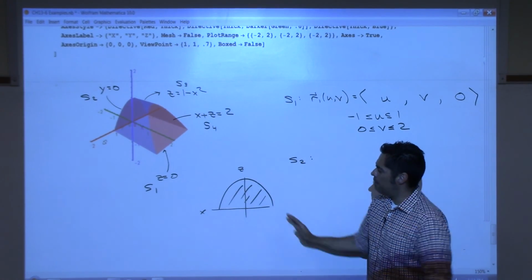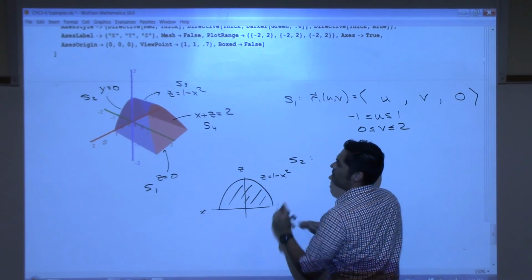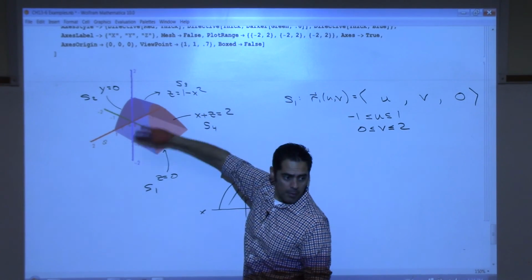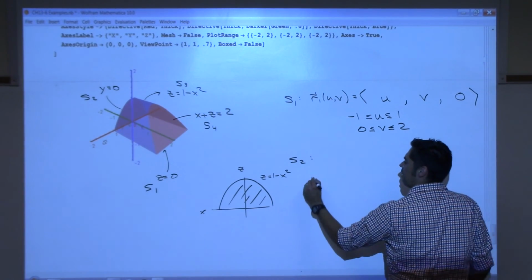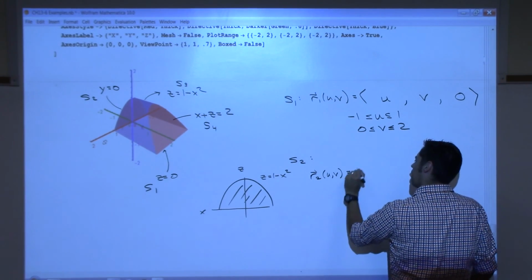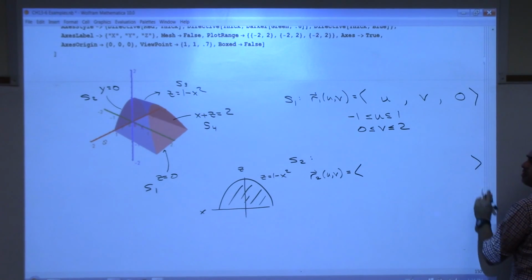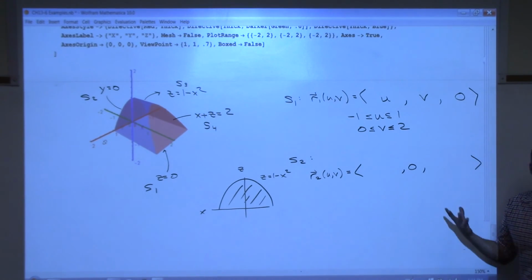The parabola, z equals 1 minus x squared. It's coming from this thing, right? Anything you can tell me straight away that's going to be nice? The y coordinate is 0, right? That's fixed. Now you have two variables that you have control over.